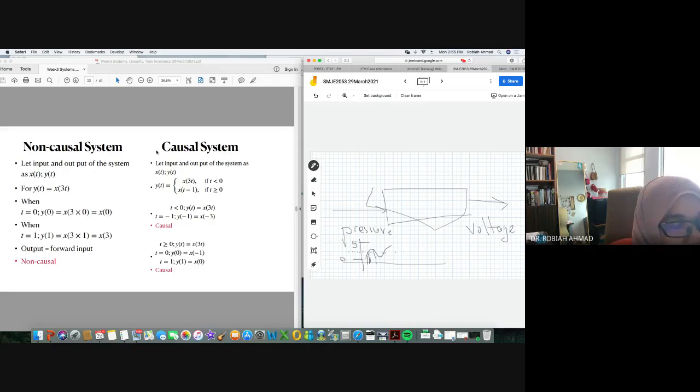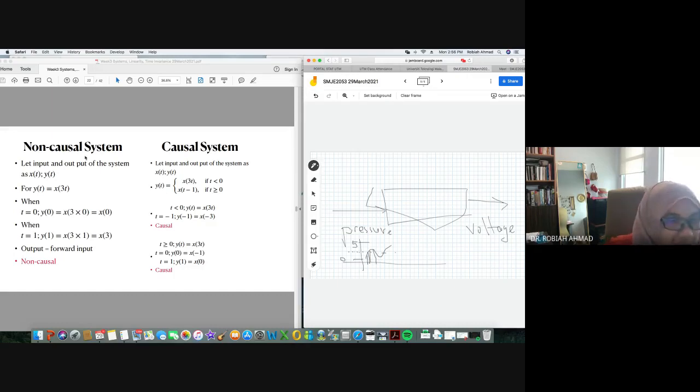So let us look into the first one, non-causal system. Let's say I have input X and my output is Y. So kita ada satu equation di sini, y(t) equal to x(3t). So please classify this system whether it is causal or non-causal. So how are we going to do that? Kita tengok bila time 0, what is the relationship between the output and the input.